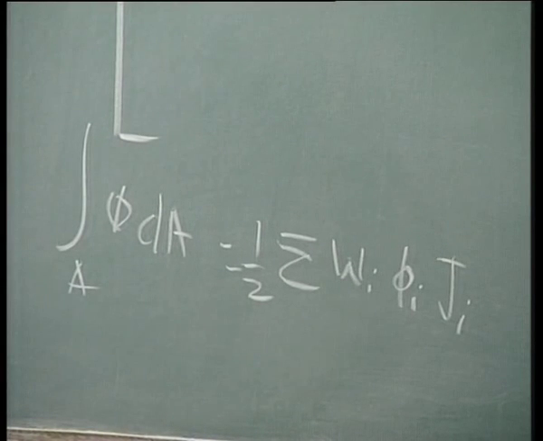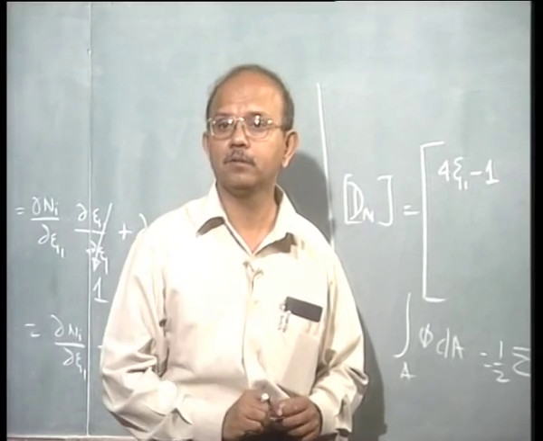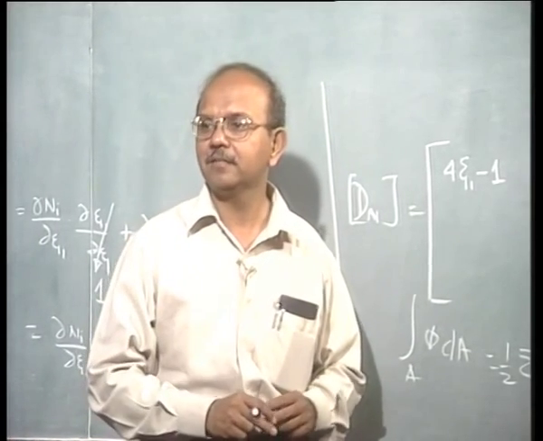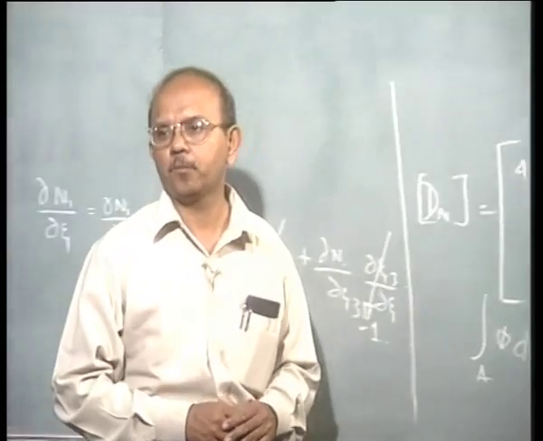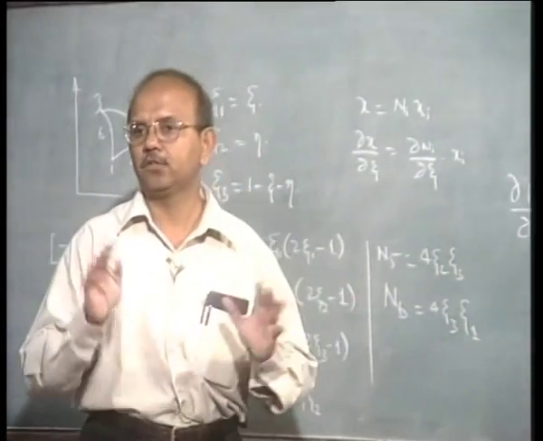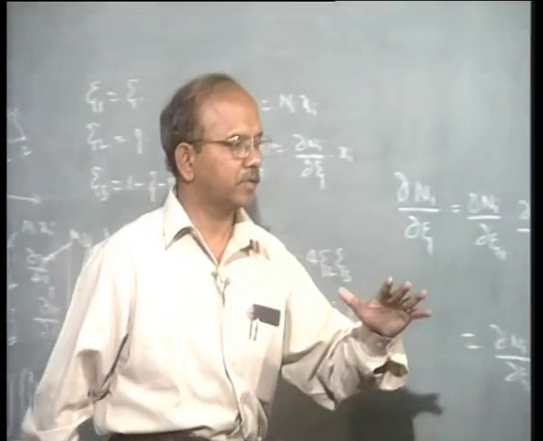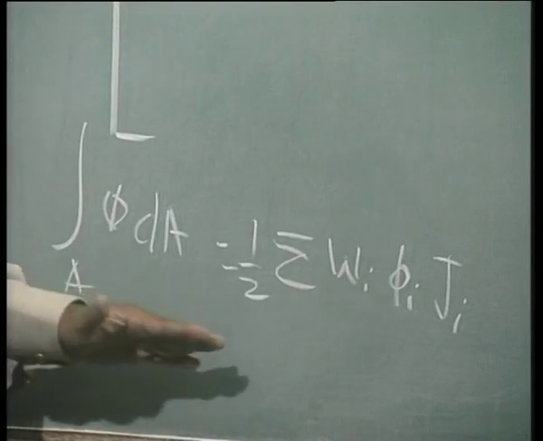Now please note the difference here. For a 2-dimensional element we did 2 summations, i and j, 2 into 2, right, but in this case the quadrature points are very well given. And as I told you, refer to any of the standard textbooks on these issues.